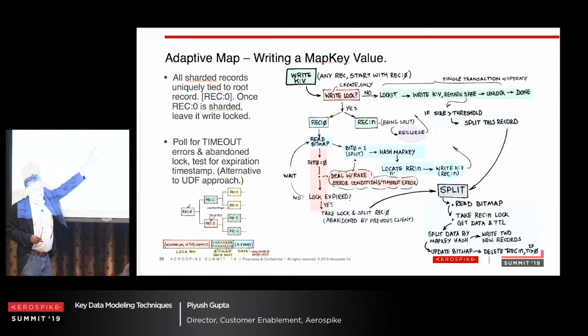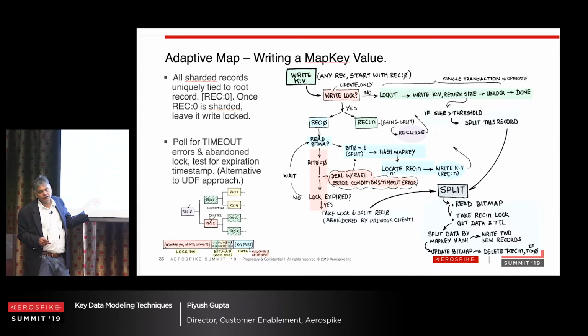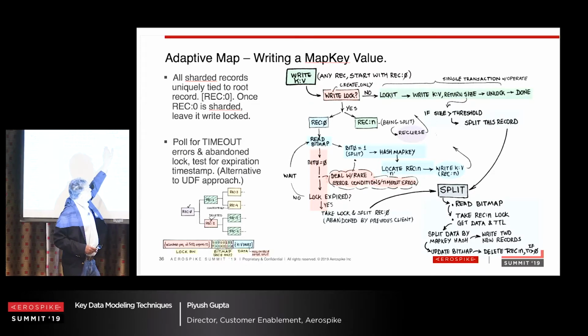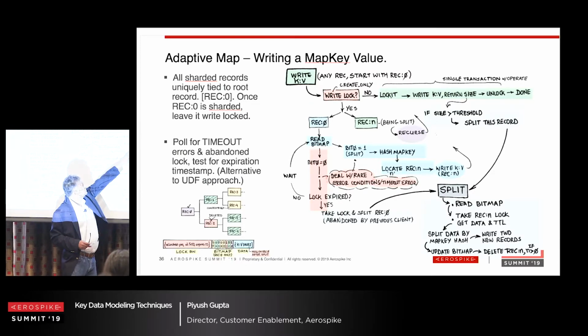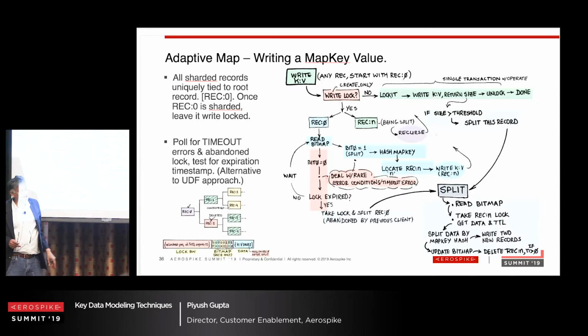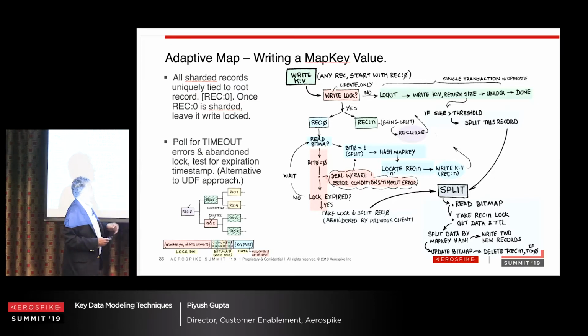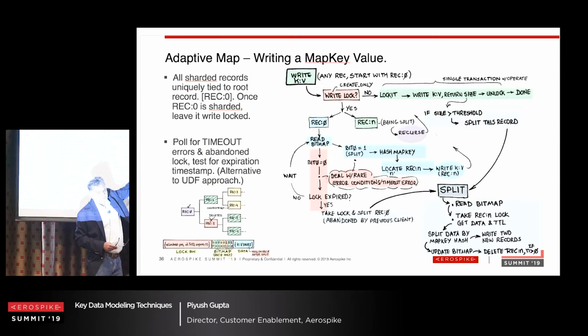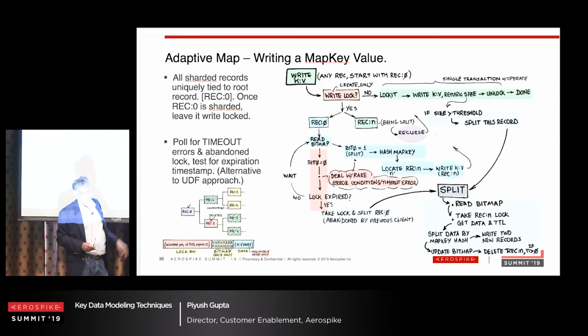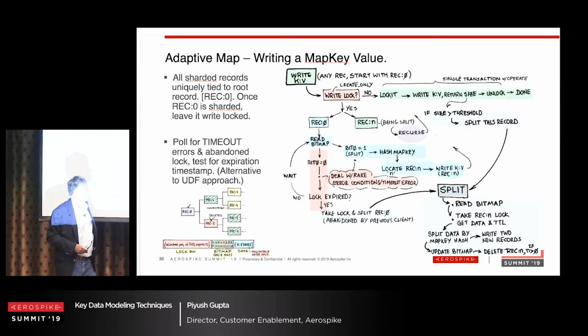I take the lock just to make sure that somebody else is not splitting this record. Once I've done my write, I will return the size of my map in the write operation. So I use operate. Operate lets me do the return value. And then I'll see if it is over a threshold. If it is, I'm going to split this record, and I'll get into how splitting works.